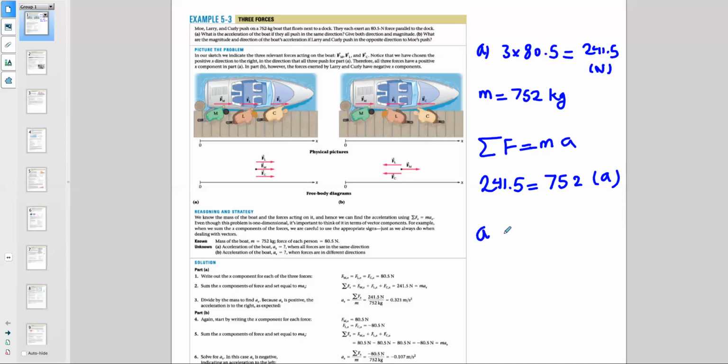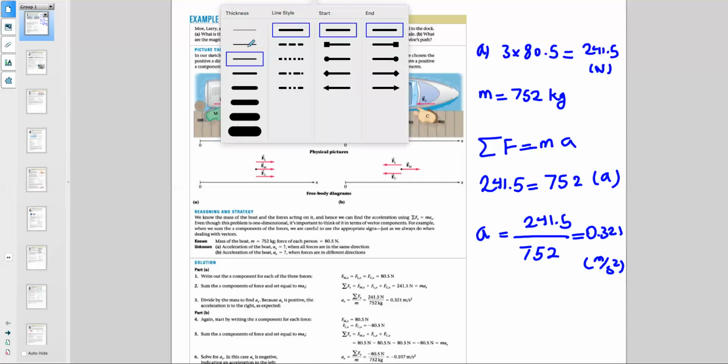So a in this case is 241.5 over 752, which, based on the calculation you can see down here, is 0.321 meters per second squared.